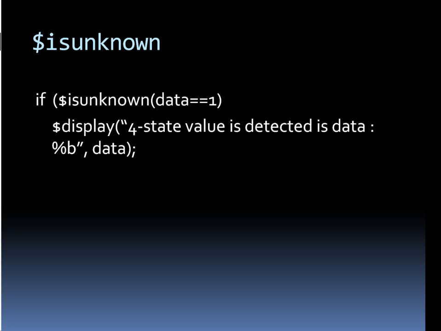Okay. Now there is another keyword called $isunknown. When to use it? Be careful when you are connecting 2-state variables to the design under test. Earlier I told that in case of design under test, we mostly use 4-state variables, but sometimes we may use 2-state variables. In that case, we have to be very careful, especially with its output.